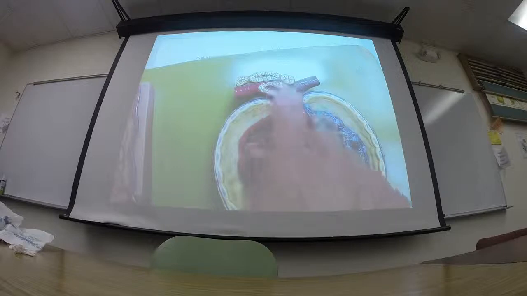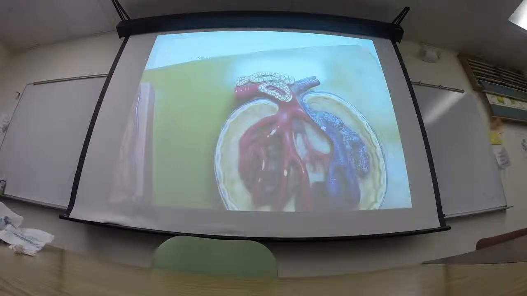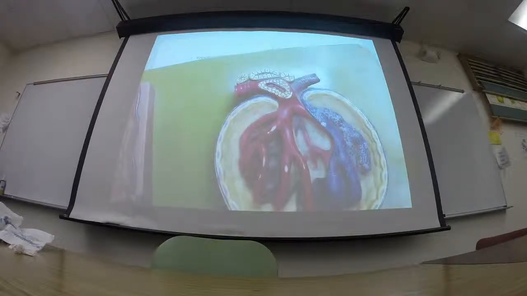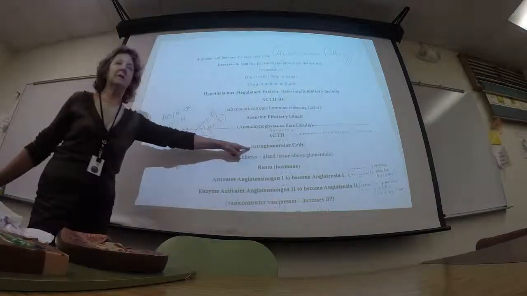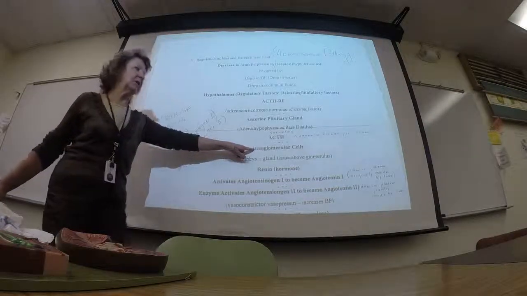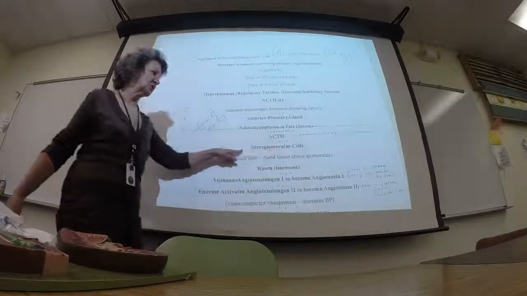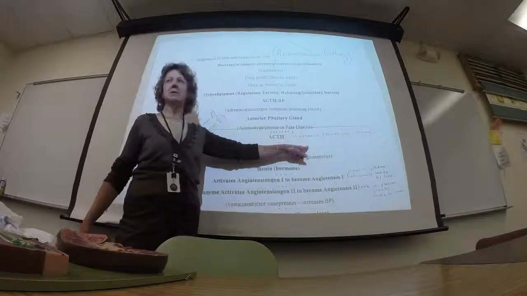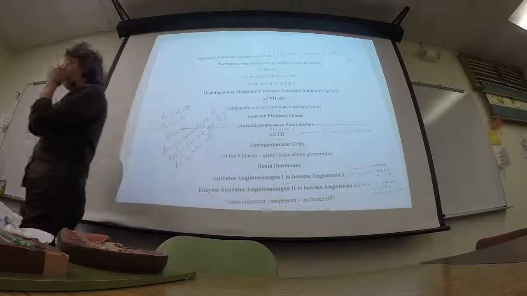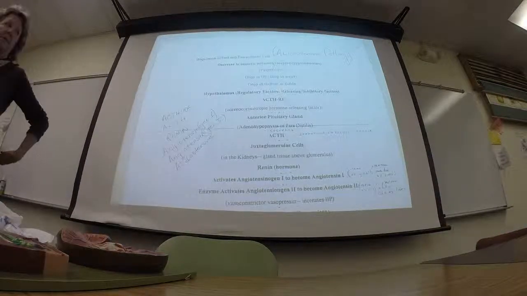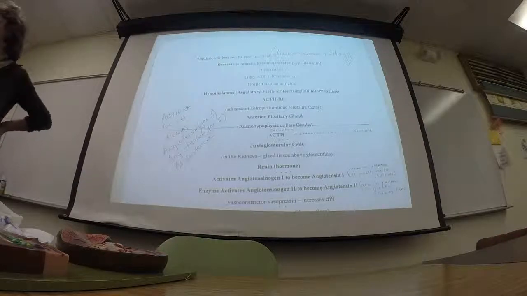I just wanted to remind you, you had seen it briefly one time. It's called the juxtaglomerular cells or juxtaglomerular apparatus. It's a gland at the top of your glomerulus. So we will be talking about that.